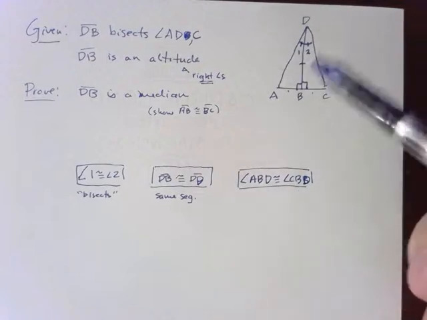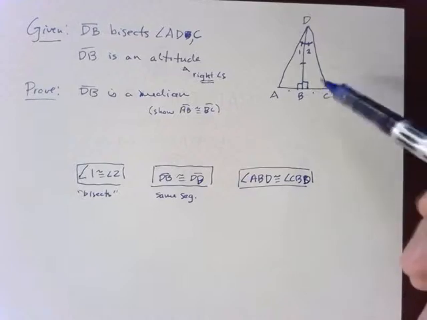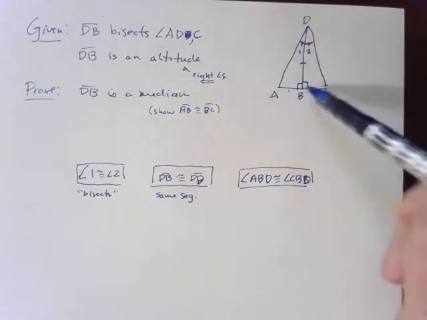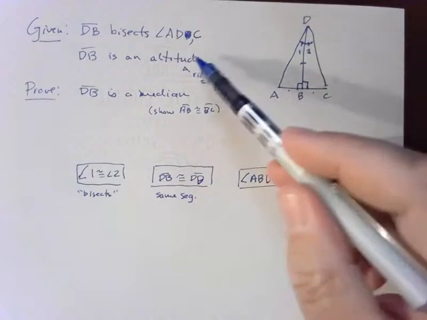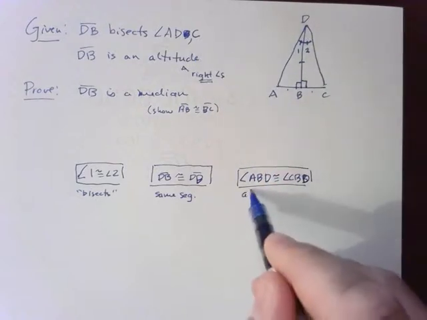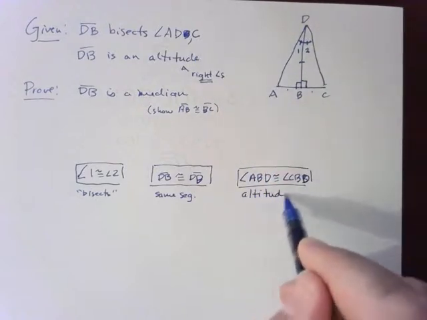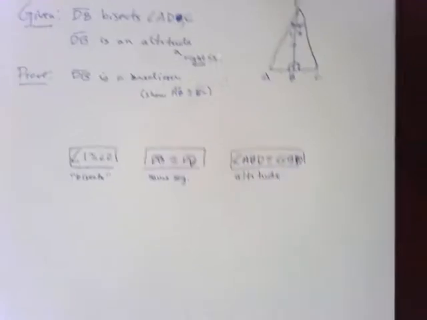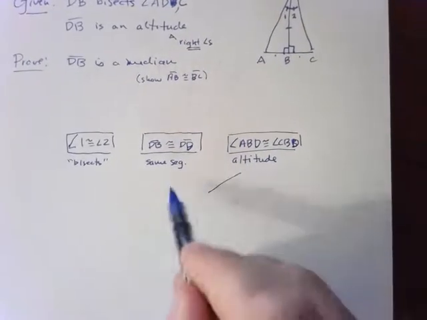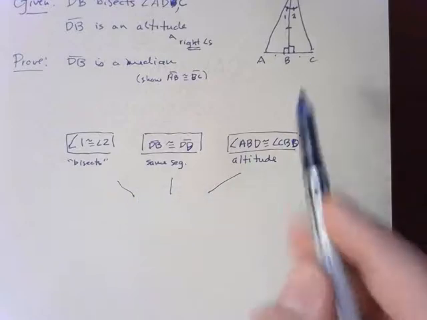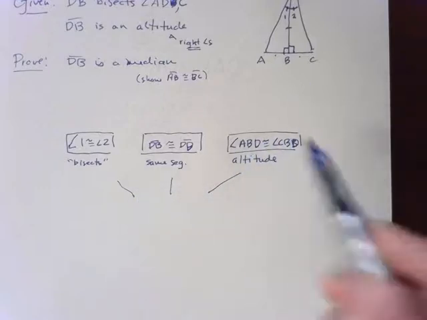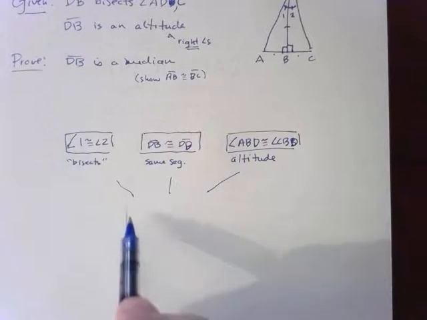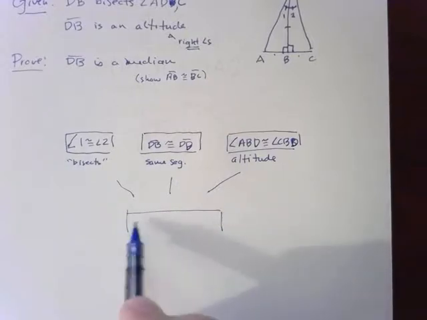So I asked, what told me in my list of givens that these were right angles and they were congruent? Well, it was this word altitude. So I'll just say altitude. You could say right angles or anything that gives me a hint that you know where this came from, that these two angles are congruent. So I've completed my ASA information.